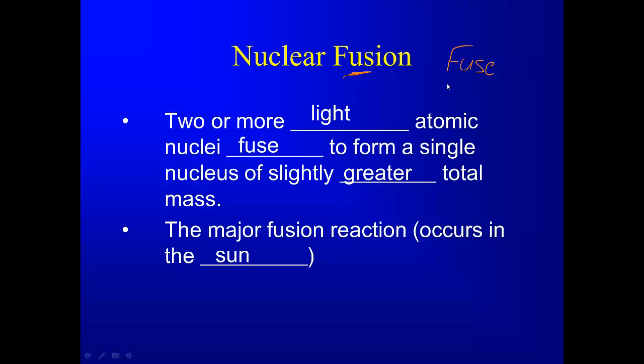So think about how the sun can heat all of Earth. You know that that's producing a tremendous amount of energy. Fusion produces more energy than a fission reaction. So much that the hydrogen bomb used fusion.